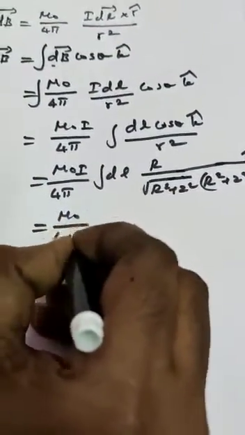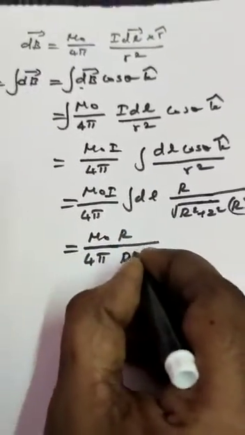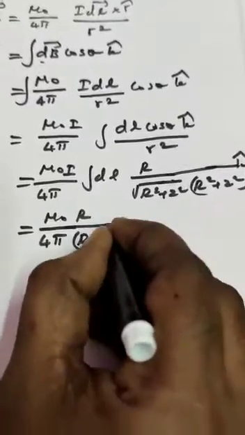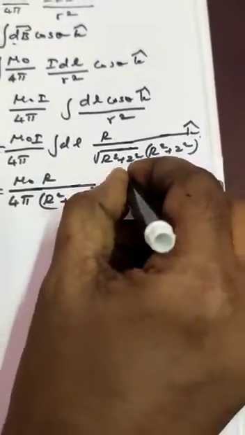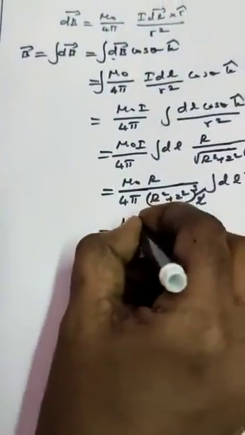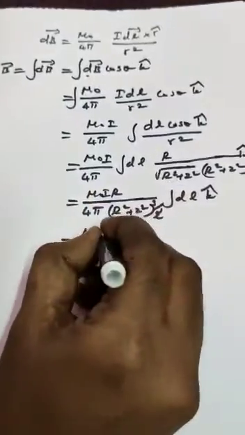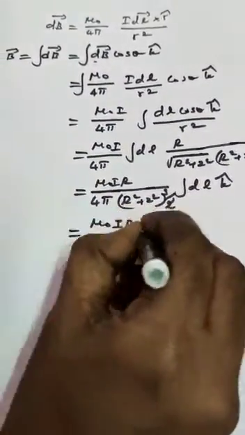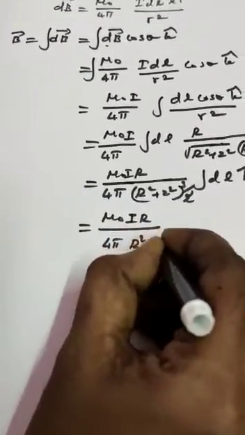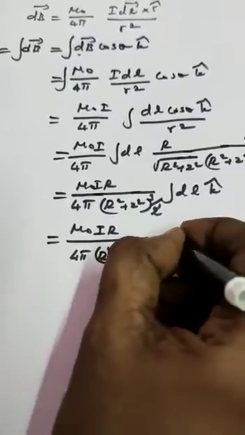Mu naught divided by 4 pi, r square plus z square the whole power 3 by 2, integration of dl k cap. So mu naught I r divided by 4 pi r square plus z square the whole power 3 by 2, dl.